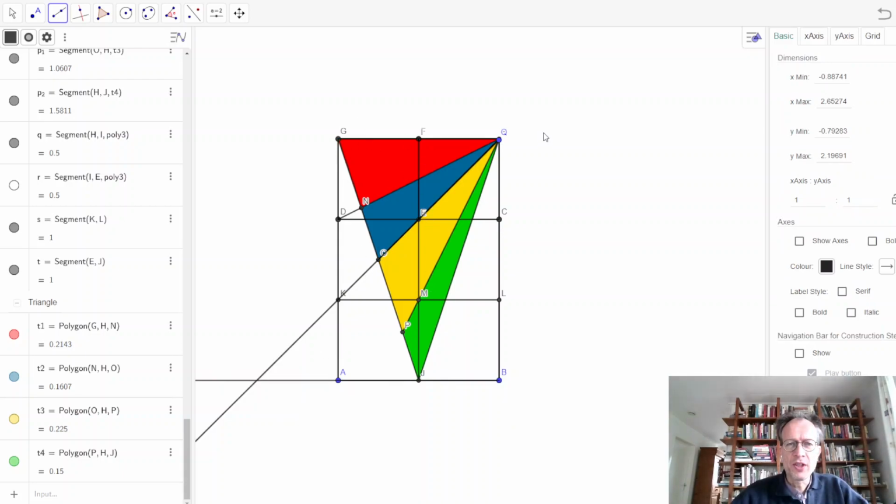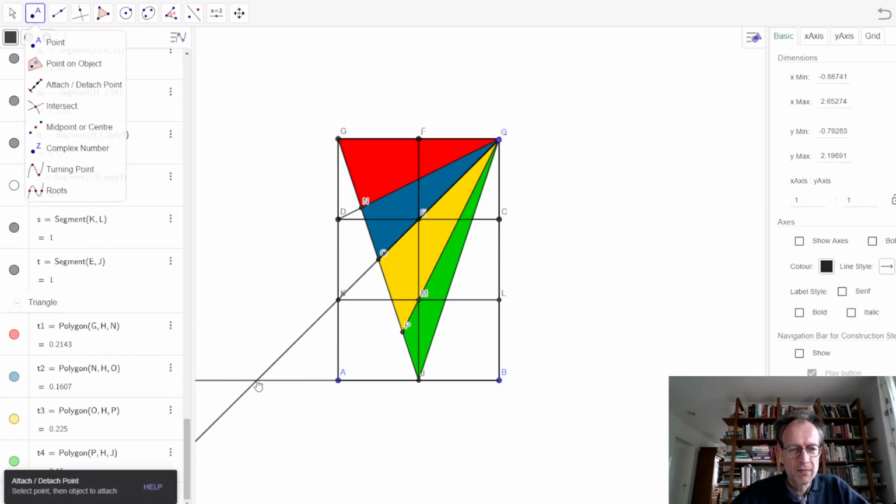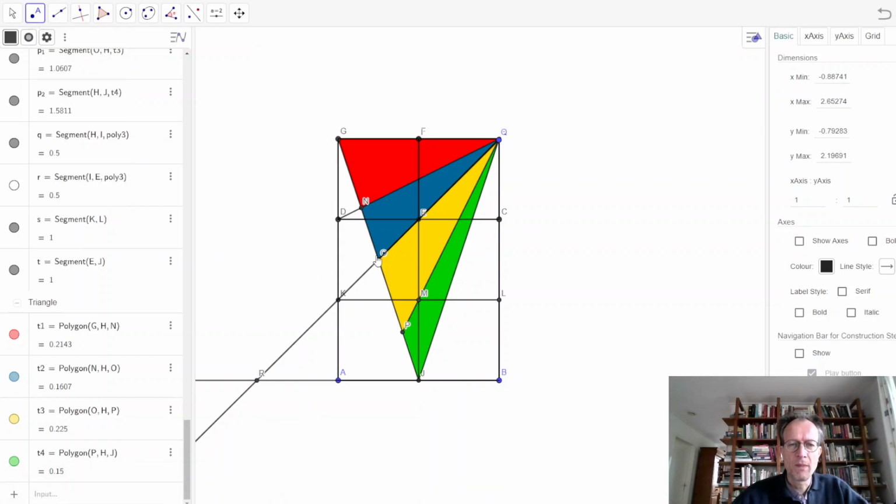the triangle GQO, containing the red and the blue, is similar to this triangle OG, and let's give that R. So this triangle is similar to that triangle because these lines are parallel, and that's very easy to show, then those angles are the same.